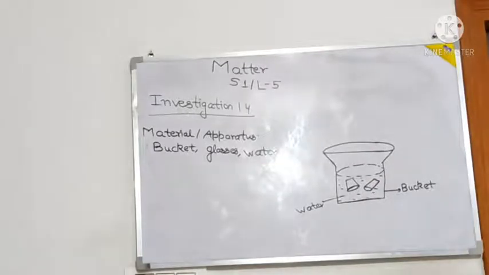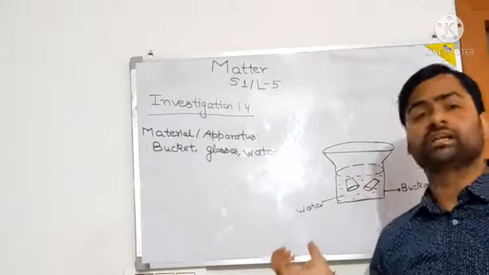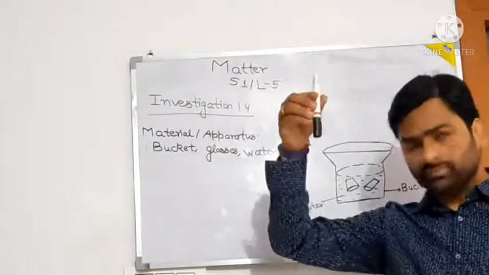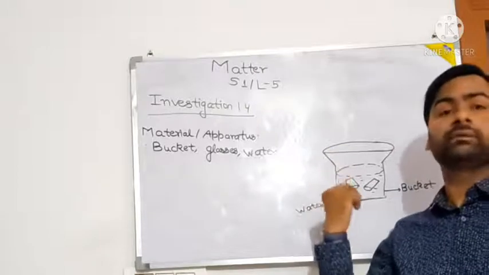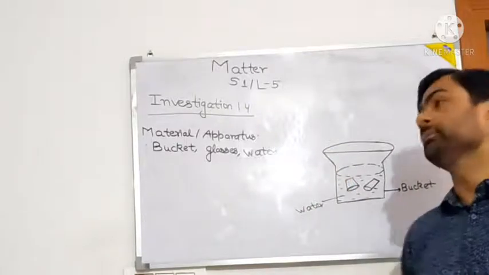Now what the experiment is saying is that about 2/3 of the glass remains unfilled because of the air trap. That means when you take this glass and push it inside upside down, vertically down, and drag it inside the bucket, then 2/3 will remain unfilled.